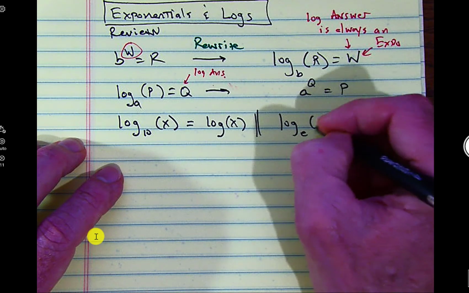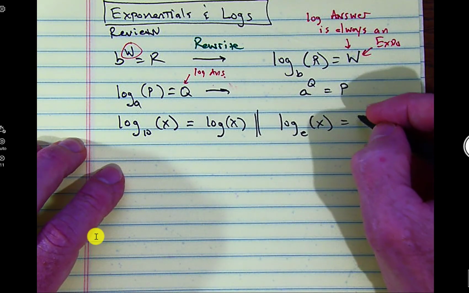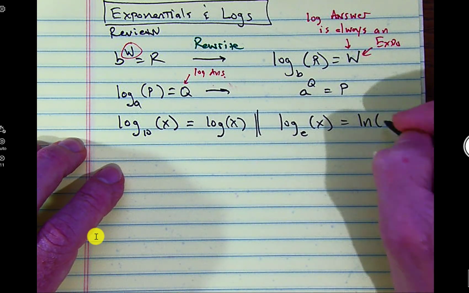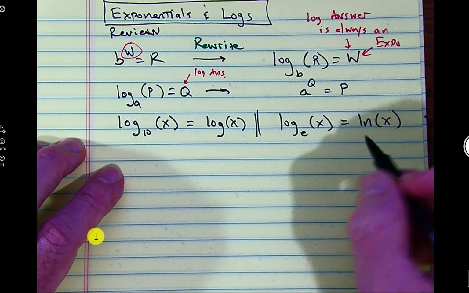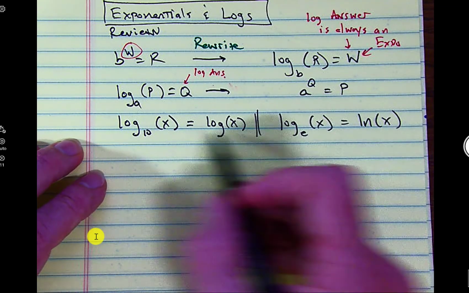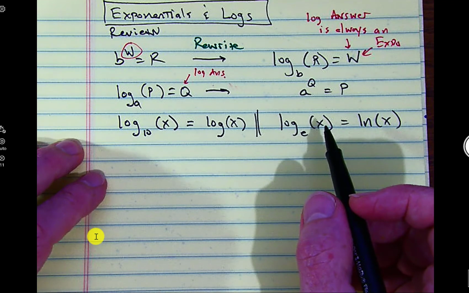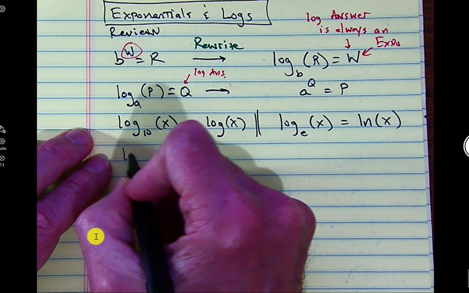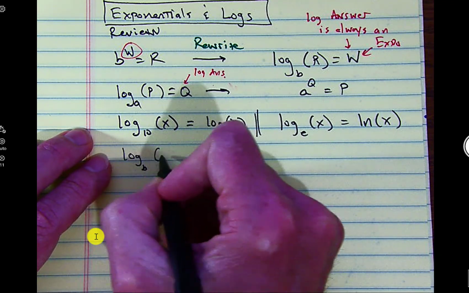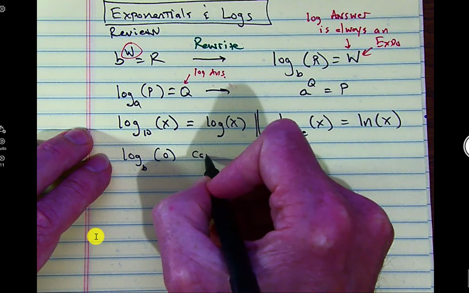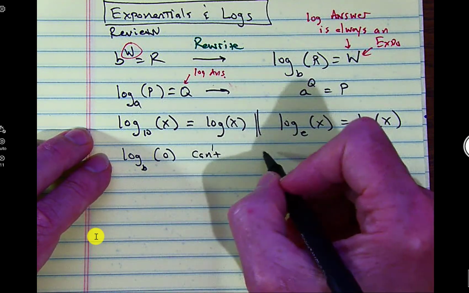And log base e of x also has a nickname, ln, or natural log. So those are some shortcut formulas we used. Log base b of 0, can't do it, it's an error.